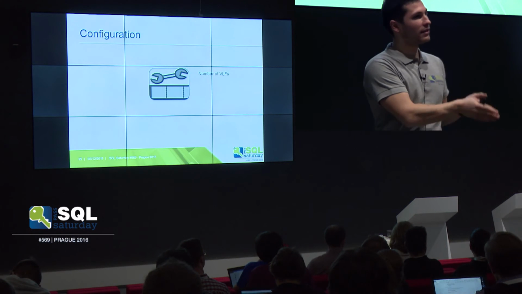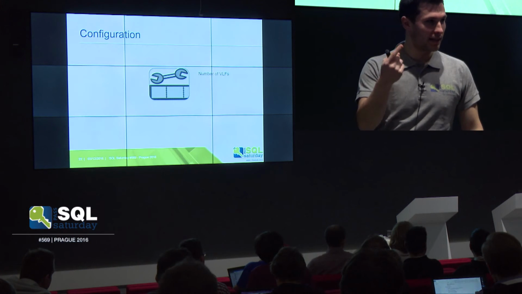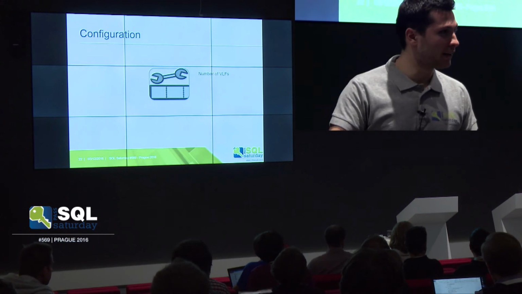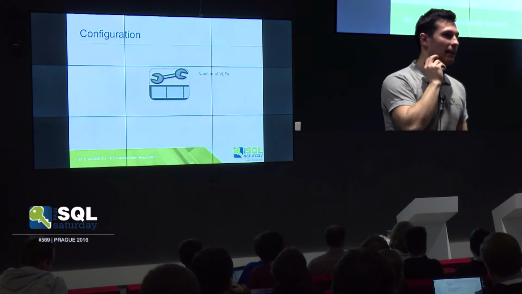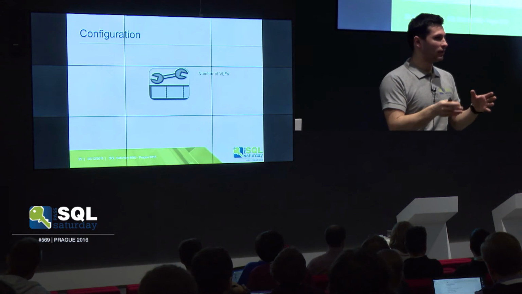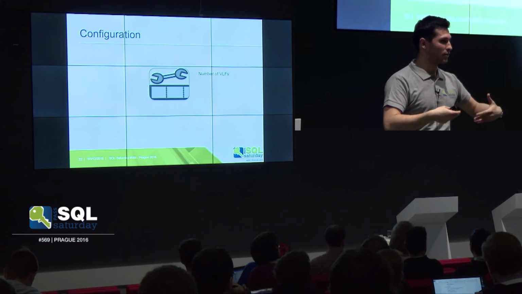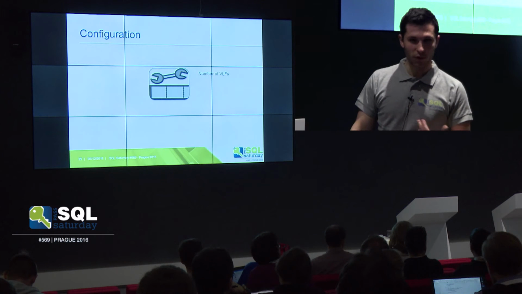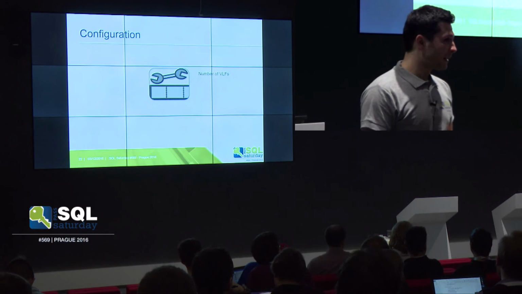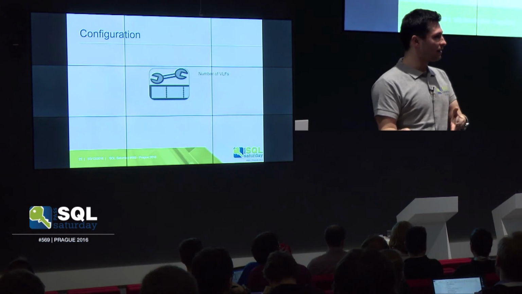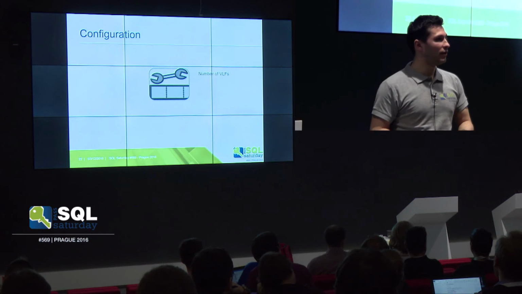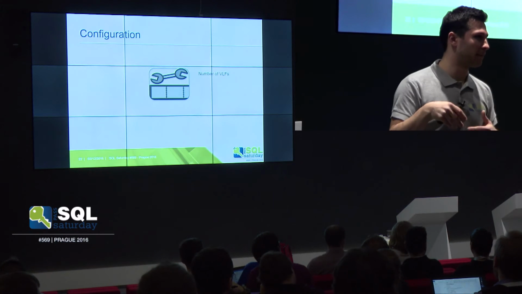If it is between 64 megabytes and 1 gig, it's 8 VLFs, and if it is above 1 gig, it's 16 VLFs. And each time, the VLFs are roughly the same size, which means that if you are expanding your transaction log with, let's say, 8 gig, in this formula you will receive 16 VLFs, each VLF would be roughly 500 megabytes.